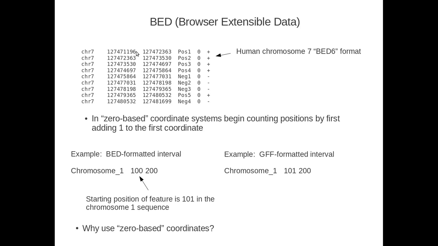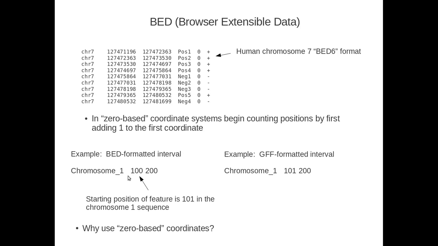So we must add 1 to this coordinate in order to obtain the base position in the reference genome that we're referring to. Okay, so let's take an example, a little smaller number here. Imagine chromosome 1, position 100 to 200. In a related format, GFF, that coordinate position on the left here would be referred to as position 101.